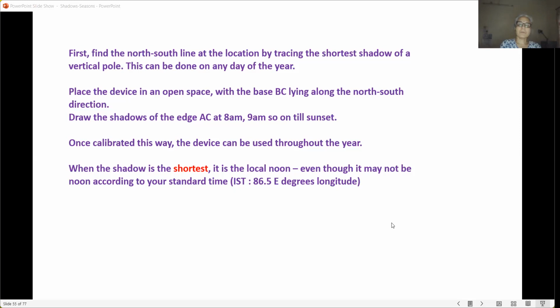So when the shadow is shortest, it is the local noon. So it is noon at that place where you're observing. But the times that we use, the Indian standard time or the standard time of any country, is according to some standard longitude. So in India, for example, the Indian standard time is defined for the longitude 82.5 degrees east.